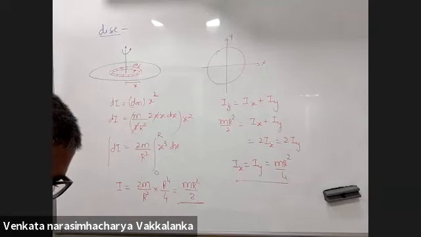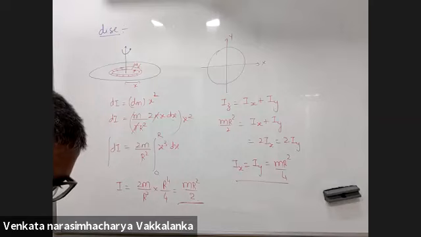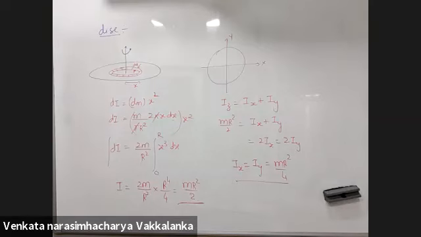Sir, I had a silly doubt. Is moment of inertia a vector quantity? It's actually a tensor. That's a tricky part. Tensors are not introduced to you yet, so we will assume moment of inertia temporarily as a scalar. You will learn about tensors in your engineering first year.